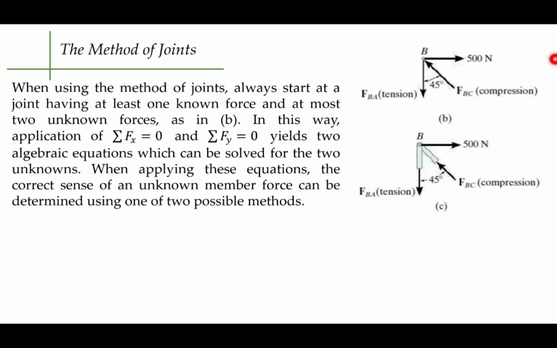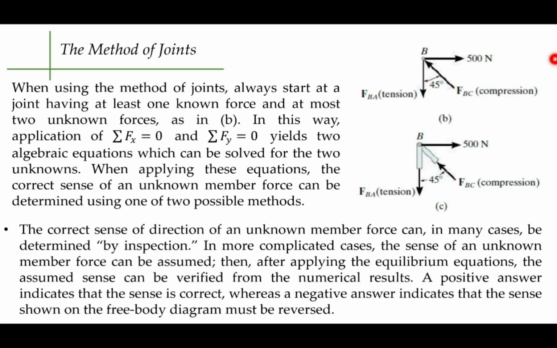And also, even if you have two unknowns and two equations, if you are not given at least one known force, you can never solve those equations. So again, you have to satisfy this: at least one known force and at most two unknown forces.